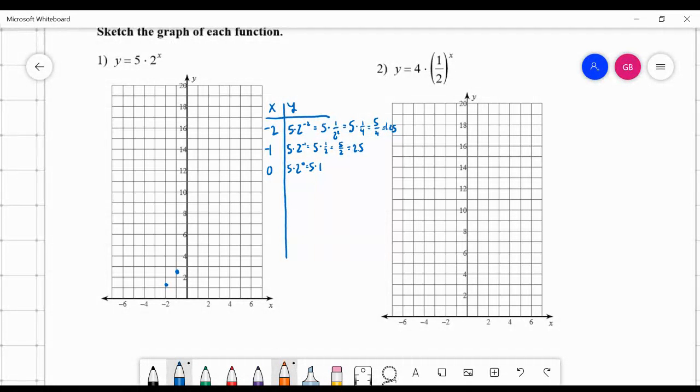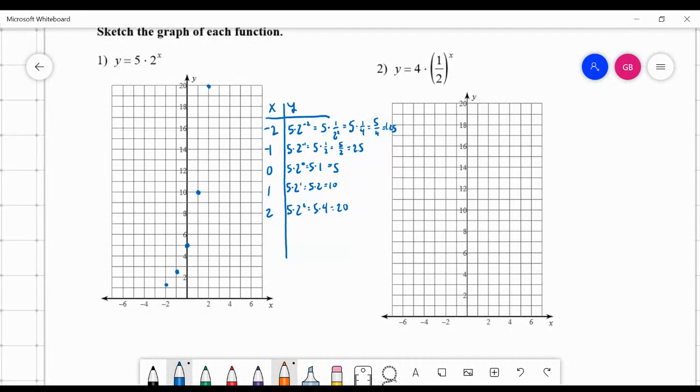Anything to the 0 power is equal to 1, which is 5. Alright, when x is 1, 5 times 2 to the first power is 5 times 2, which is 10. And when x is 2, 5 times 2 to the second power is 5 times 4, which is 20.